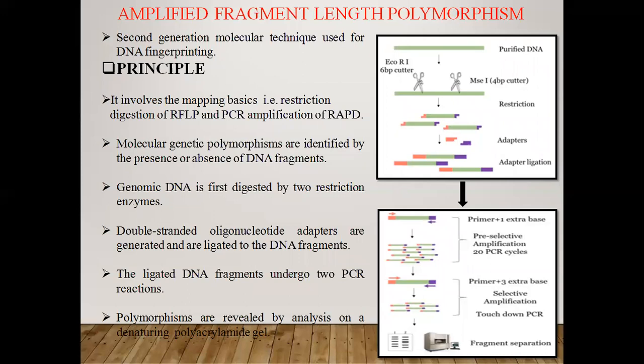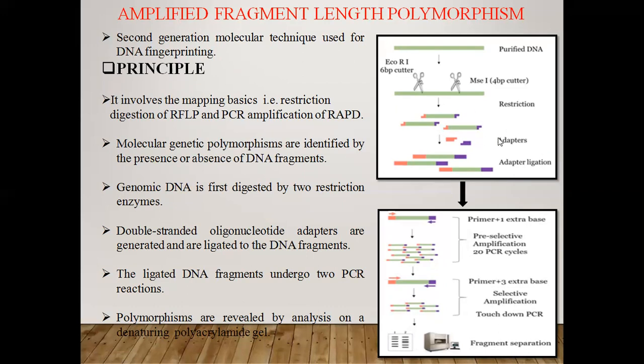The principle is that it involves mapping basics. As I said, it uses the restriction digestion of RFLP and the PCR amplification of RAPD. Molecular genetic polymorphism is identified by the presence or absence of a DNA fragment. Here is a simple depiction: the DNA is cut by two different restriction enzymes, one a frequent cutter and one a rare cutter.